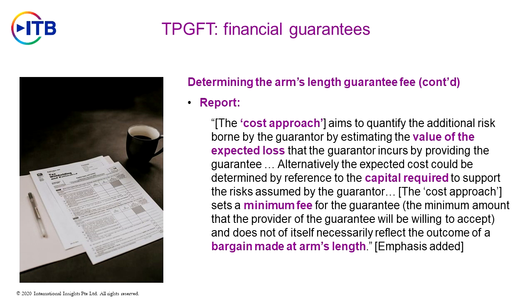The cost approach sets a minimum fee for the guarantee, the minimum amount that the provider of the guarantee will be willing to accept, and does not of itself necessarily reflect the outcome of a bargain made at arm's length.